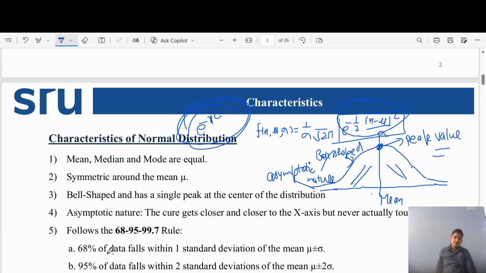68% of data falls within one standard deviation, meaning mu plus minus sigma. So this is the mean mu. This is mu plus sigma, this is mu plus 2 sigma, this is mu plus 3 sigma. Similarly, mu minus sigma, mu minus 2 sigma, and mu minus 3 sigma.